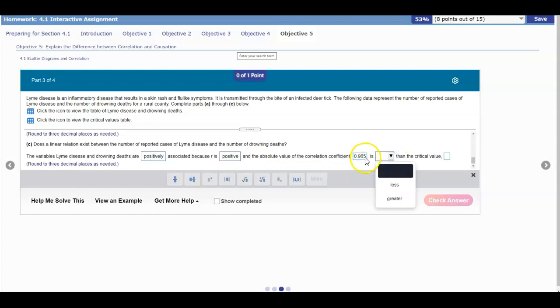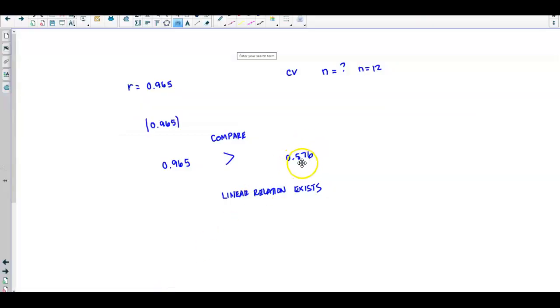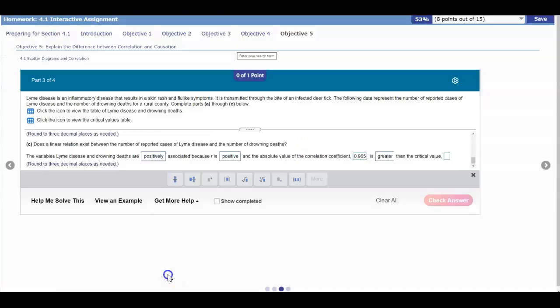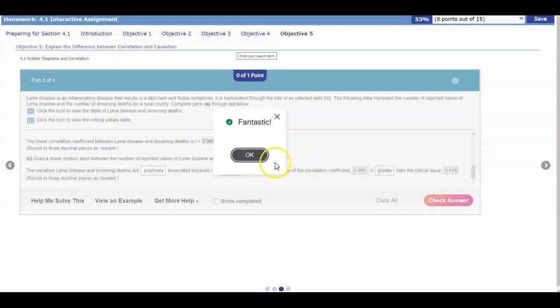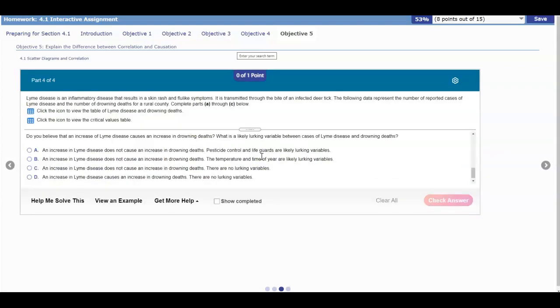That is greater than the critical value that we found, which was 0.576. Checking our answer, and there is our result.